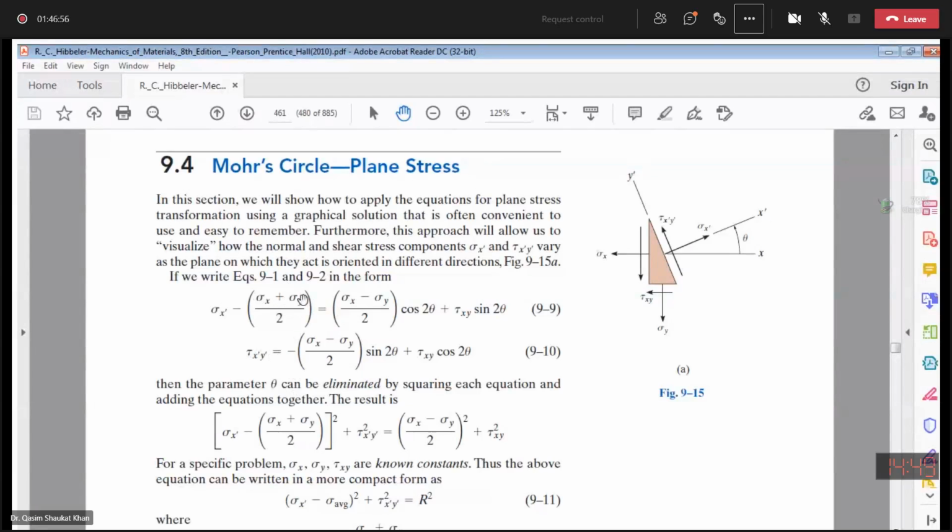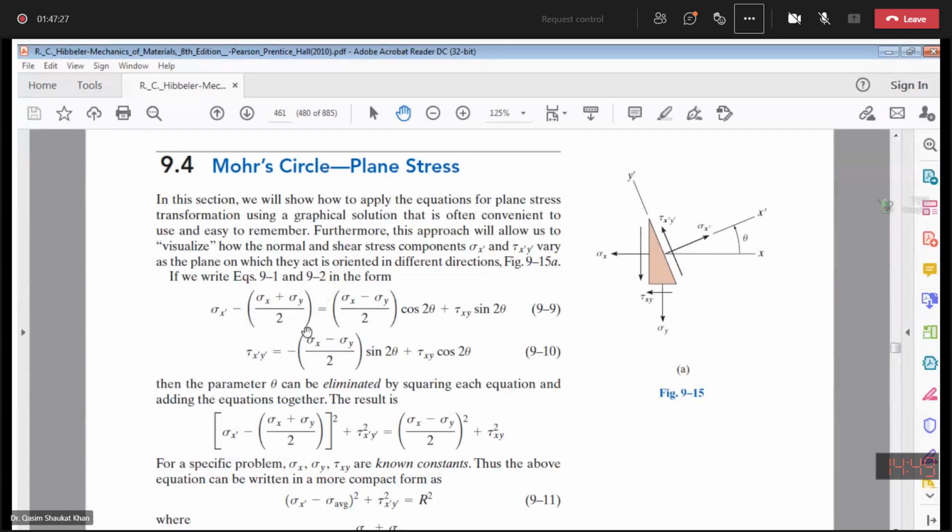So take the square of sigma x dash minus sigma x plus sigma y over 2, and then add them together. You will get sigma x dash minus sigma x plus sigma y over 2, this one squared, plus tau x dash y dash squared.